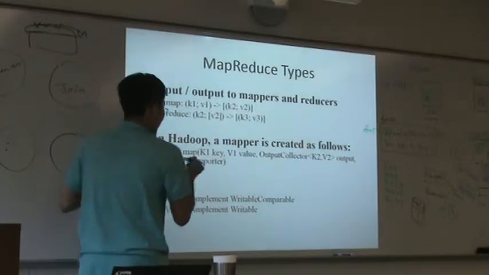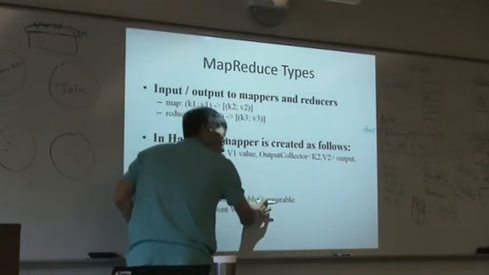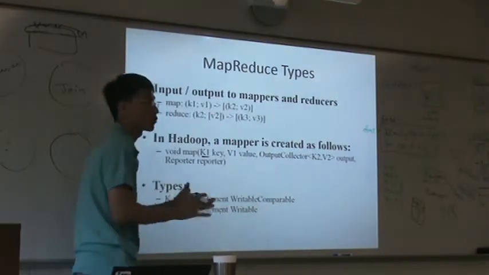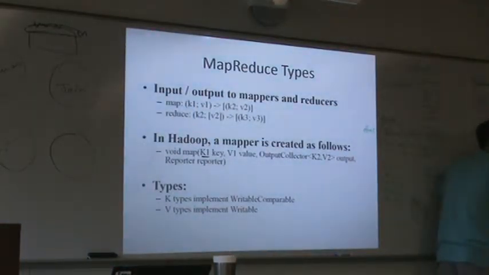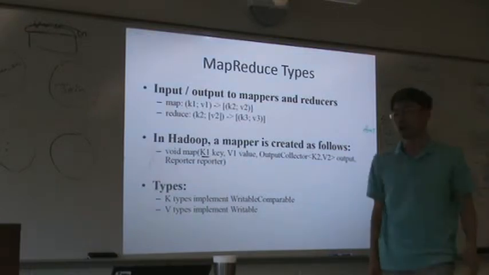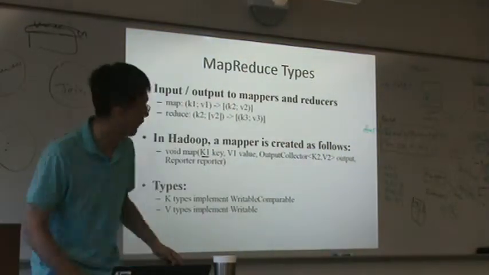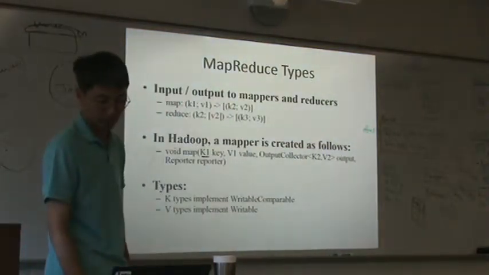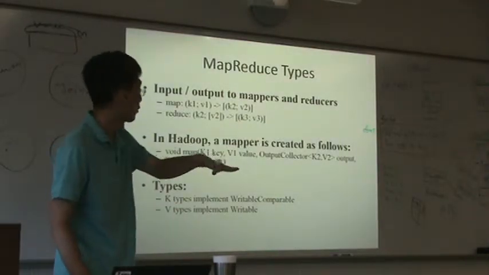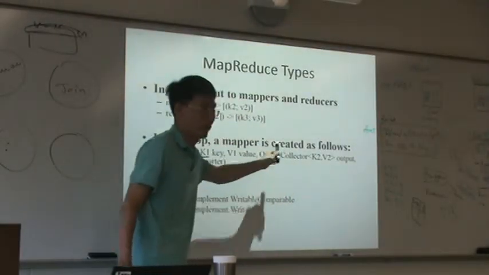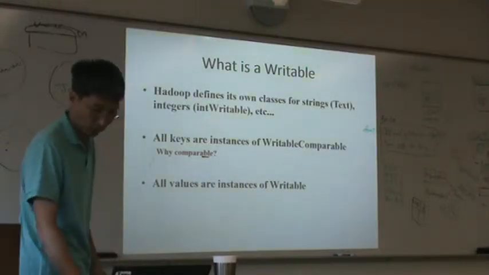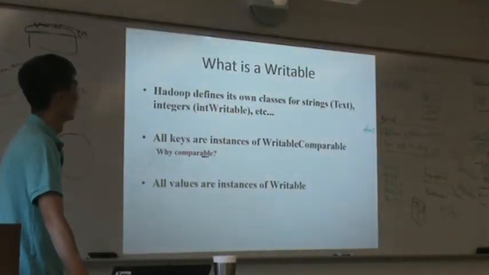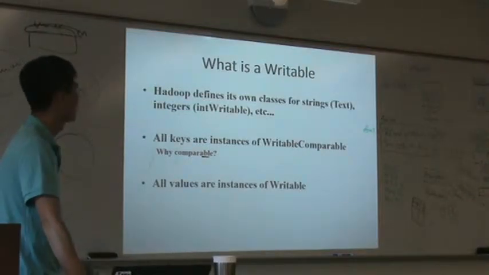This time the key is always WritableComparable, because we are going to use the comparable for shuffle and sort in the reducer. And V is Writable because it can be modified. And also this one is the iterator. So Writable is a string.